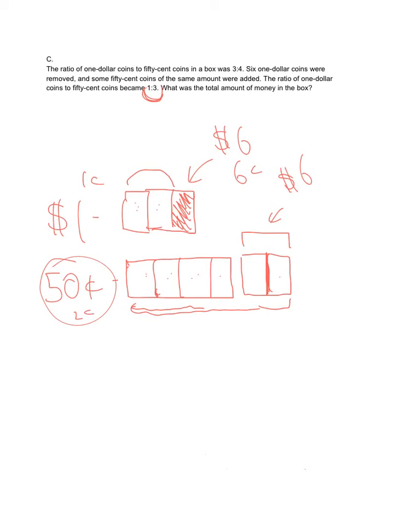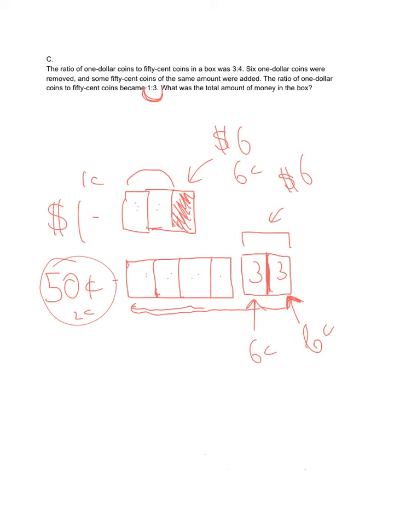So that means how many actual coins do I need in each of these units to reach $6? By the way, that's going to be worth $3, and that's going to be worth $3. So in each of these units, I'm going to have how many coins? Well, 50 cents and 50 cents is $1, so I'm going to need 3 times that amount. So I'm going to end up with 6 coins in each of these units.